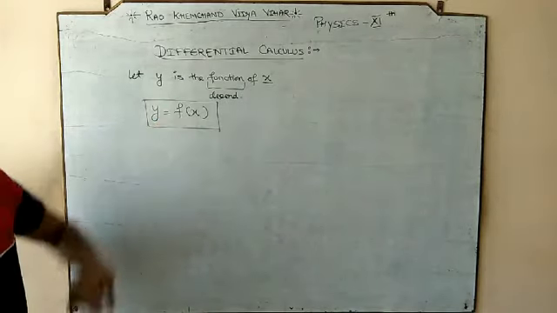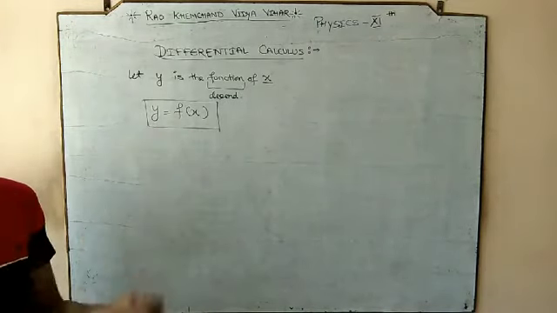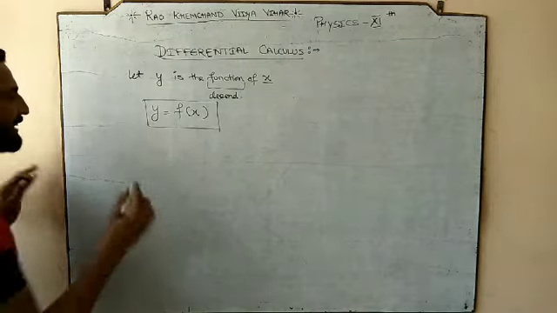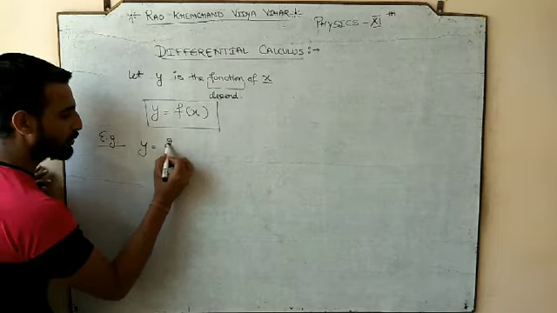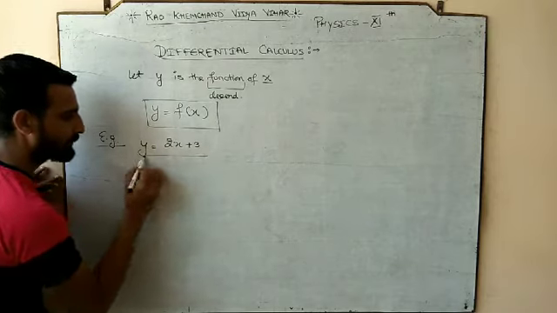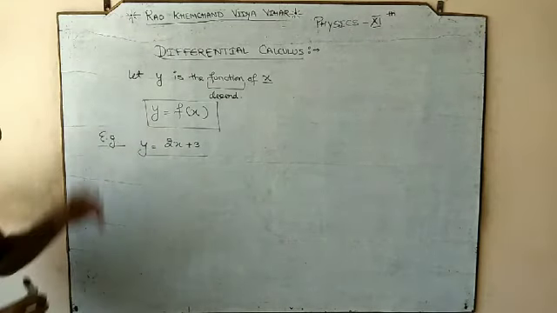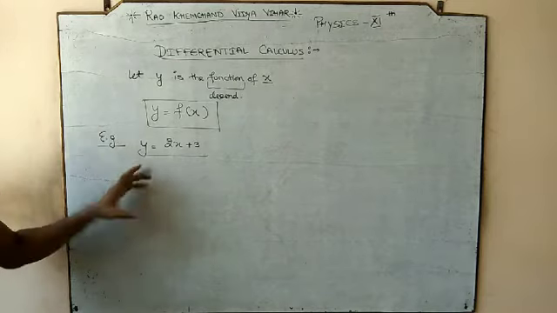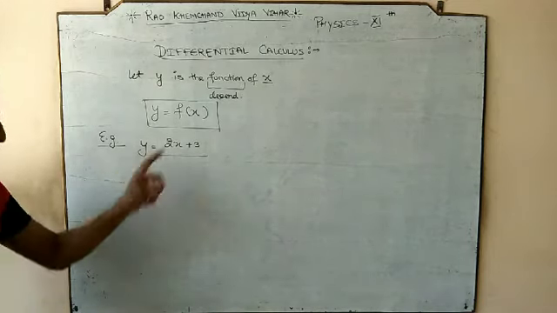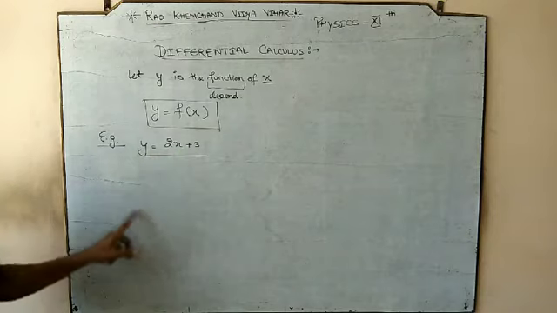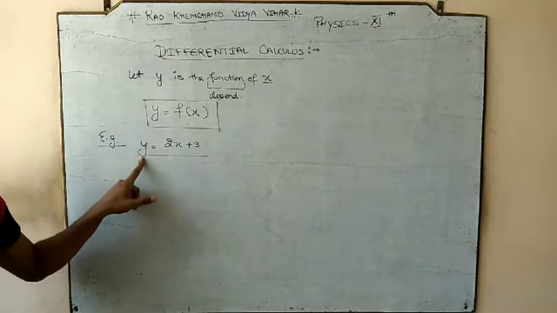This f is called the function. The function word represents the dependence. For example, if I say y is equal to 2x plus 3, in this equation y is any quantity and x is also any quantity. So if the value of x changes, the value of y also changes.